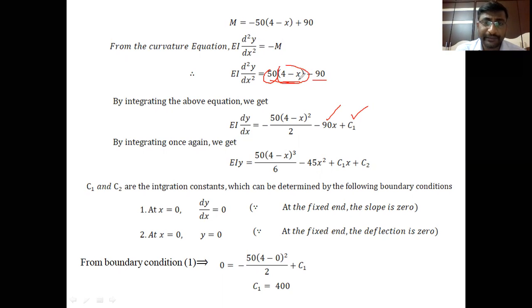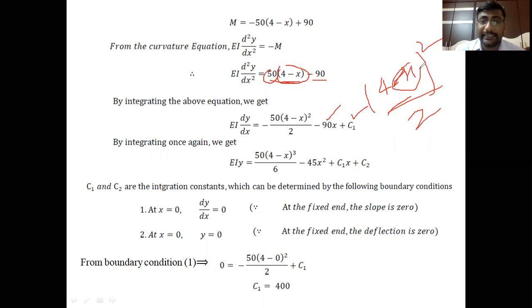According to the Macaulay method, while integrating 4 minus x, we need not expand it. Directly this term is assumed as a single term, and integration of 4 minus x is 4 minus x whole square by 2, and since minus x is there, put the minus sign in front of that. So minus 4 minus x whole square by 2 is the integration of 4 minus x according to the Macaulay method.